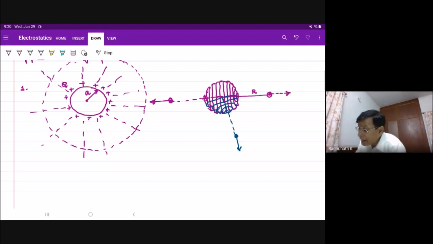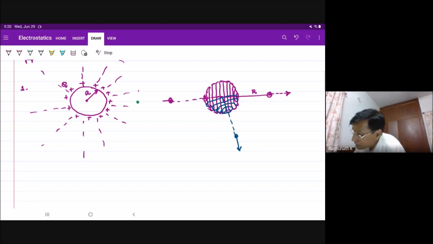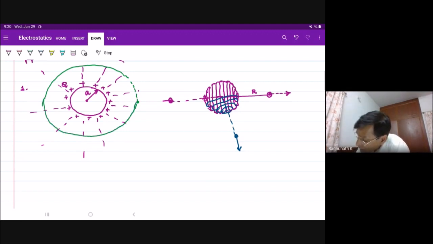Now, to determine the electric field intensity at a point, let us say this, due to this spherical charge distribution, I told you that you have to draw an imaginary concentric spherical surface of radius r passing through the point of interest. This is r.